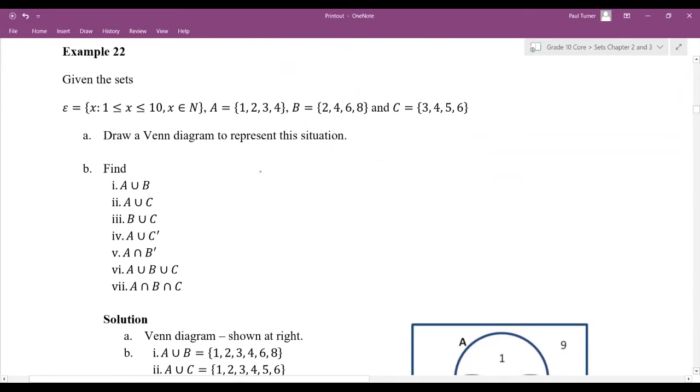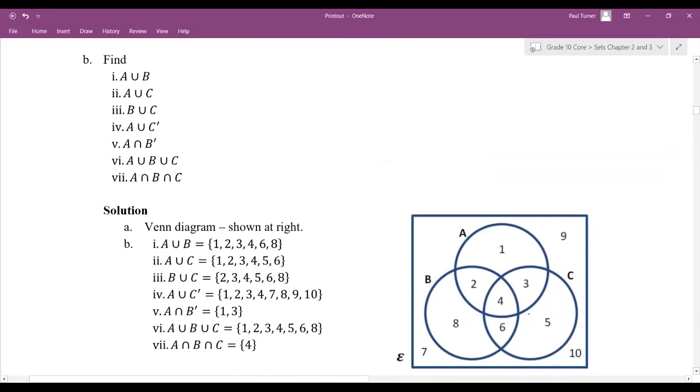So in this example, we've got a universe, which is the natural numbers 1 to 10. A is 1, 2, 3, 4. B is 2, 4, 6, 8. C is 3, 4, 5, 6. So your first job would be to fill in the numbers into the diagram.